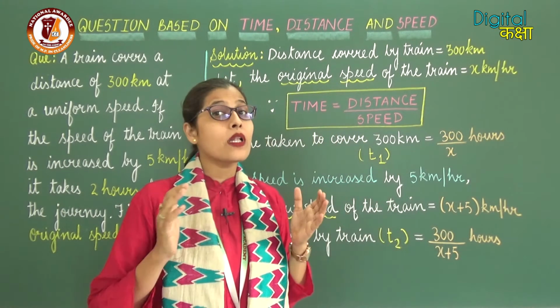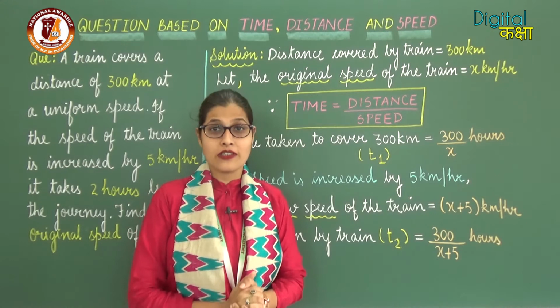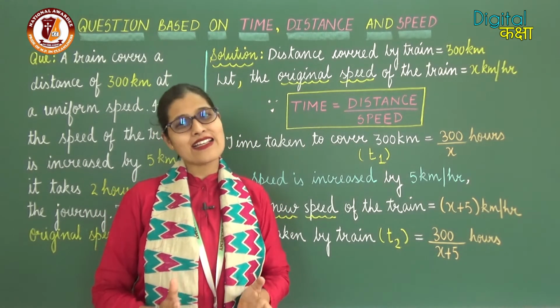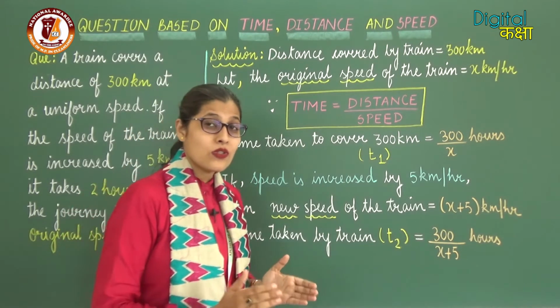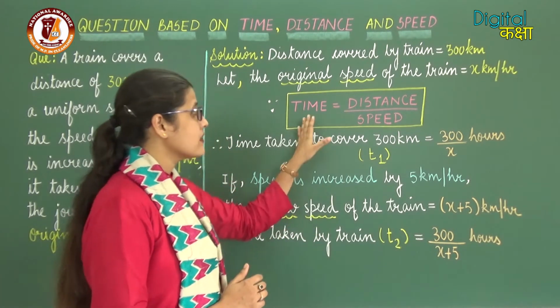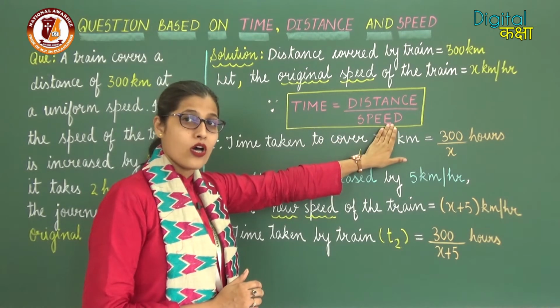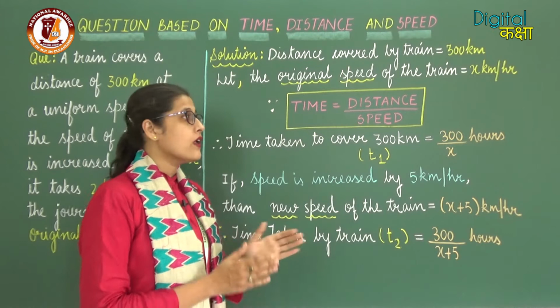Now we will be using the relation between time, distance and speed. So the relation is time equals distance upon speed.